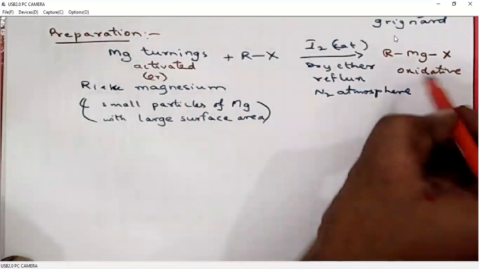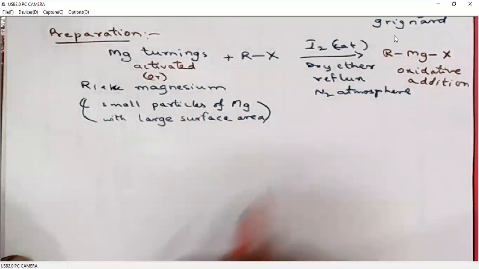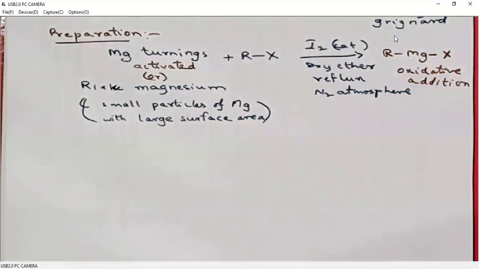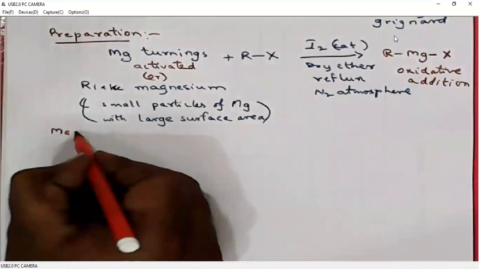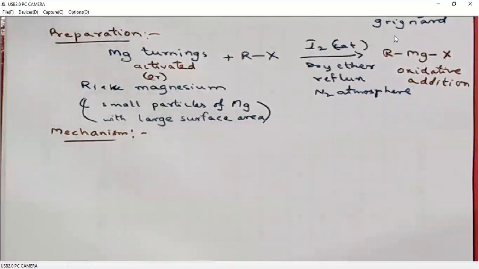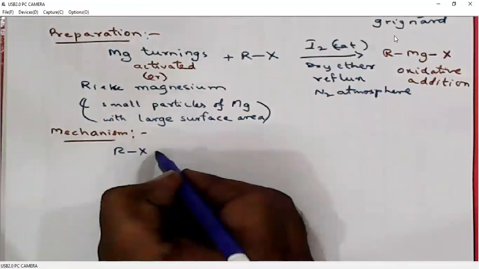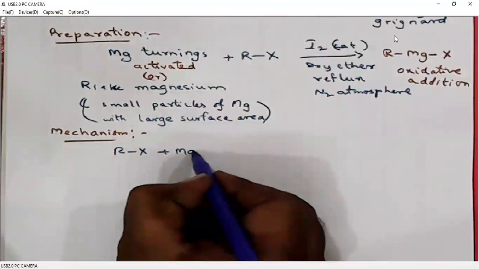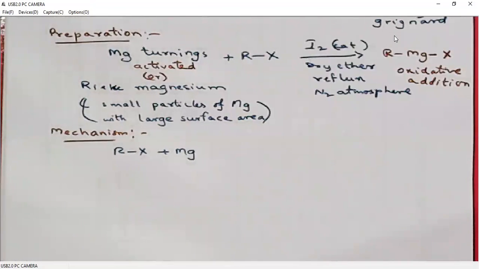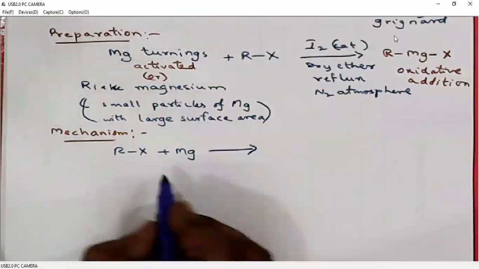The overall reaction is an oxidative addition process, but I'll tell you the mechanism also: how these Grignard reagents are formed from alkyl halides and magnesium. When we have an alkyl halide and an electropositive metal is added to that, generally electropositive metals will give electrons.